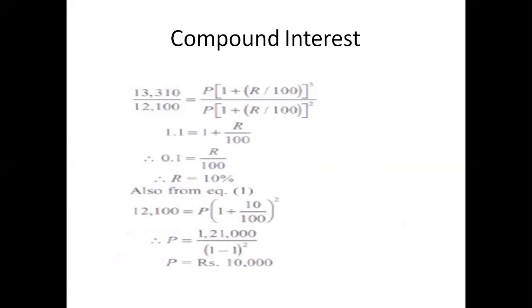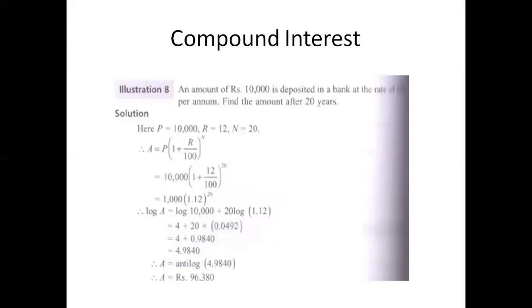We have 1.1 is equal to 1 plus R by 100, or we have R as 10%. So by substituting the value of R in the equation, we have the value of P as rupees 10,000.